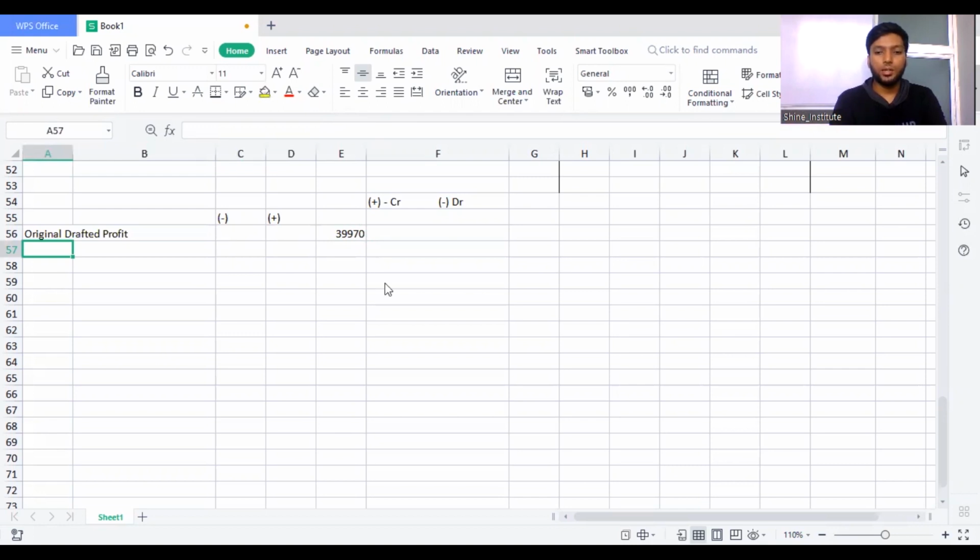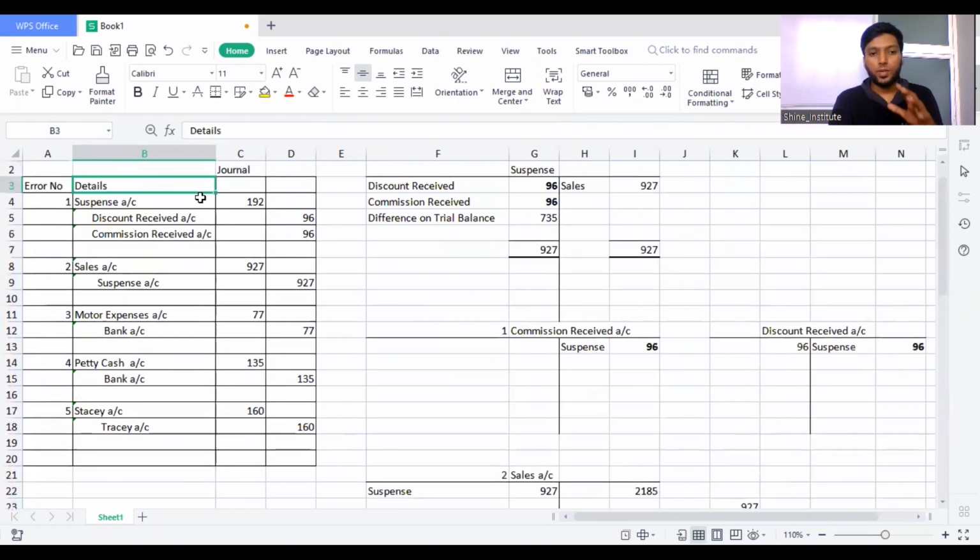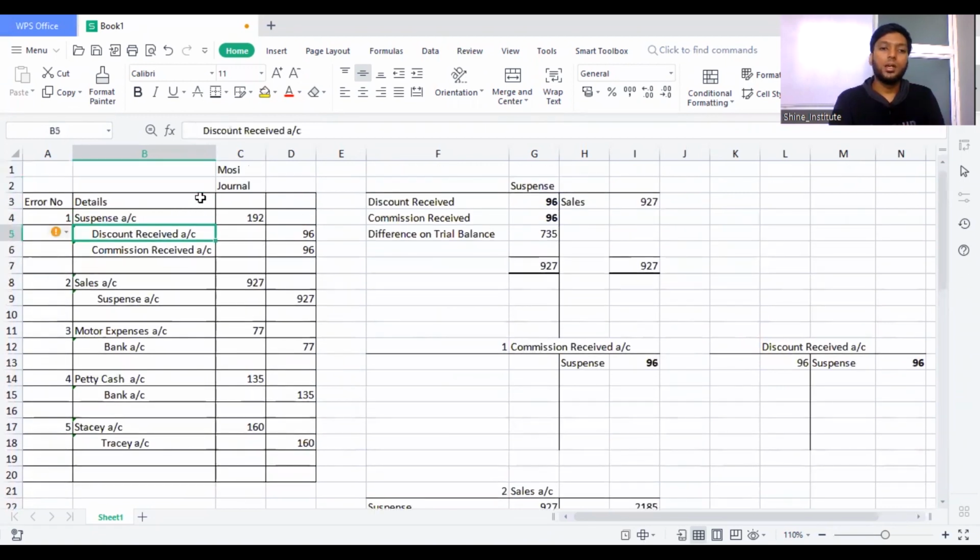Let me move on to my workings, which I already did. You can see here on the above we did a few calculations, and I'm not going to move on to the suspense account. My way is first of all understanding the question. Now, if you see the error one, there are two accounts which are getting affected: discount received and commission received. First of all, you need to know that discount received and commission received, are they part of the income statement? Of course, they are part of the income statement.